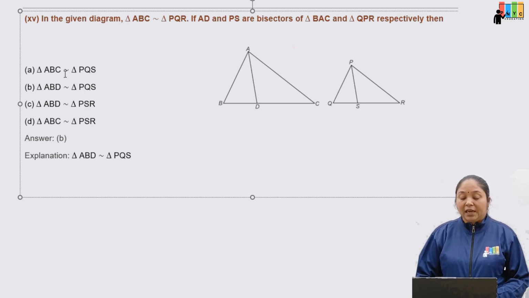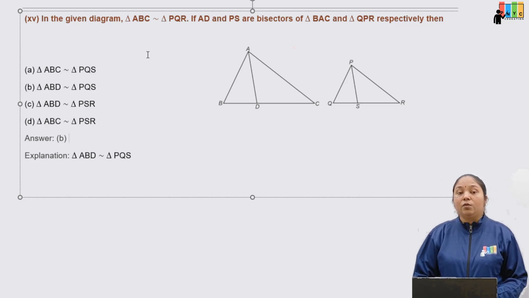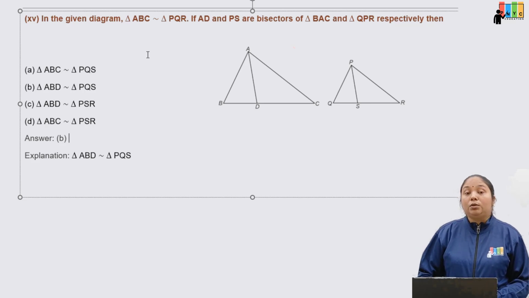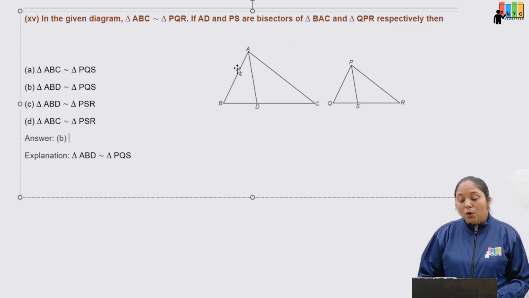Let's check. For similarity, what is the condition? If you have two triangles, they should be equiangular, and the ratio of their corresponding lengths should be the same.